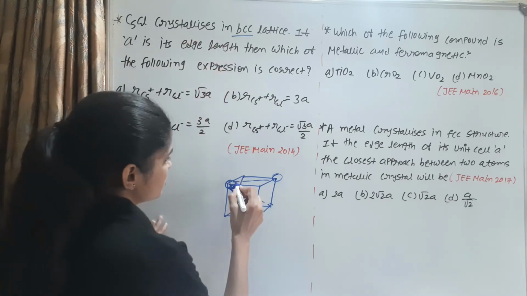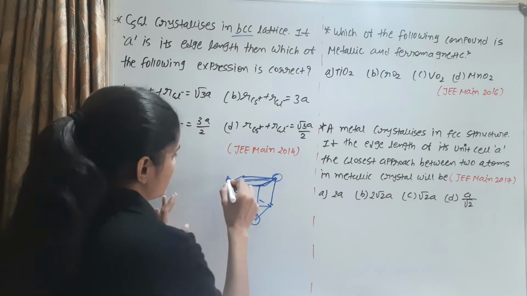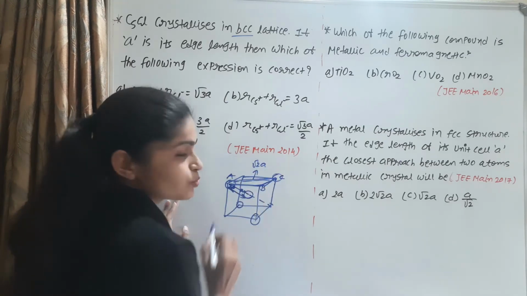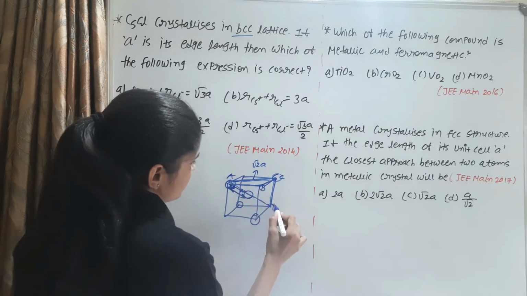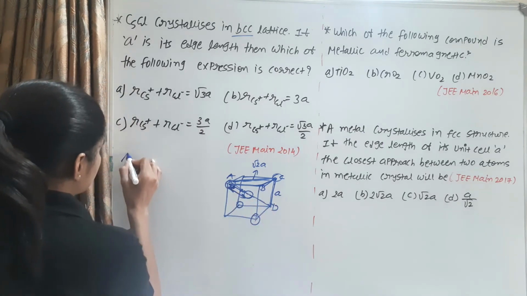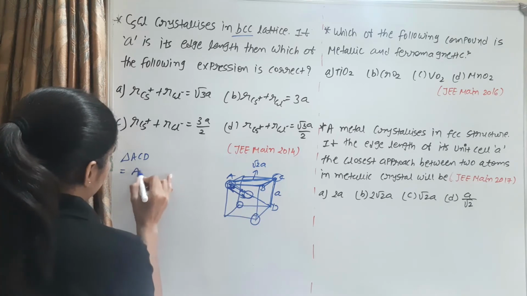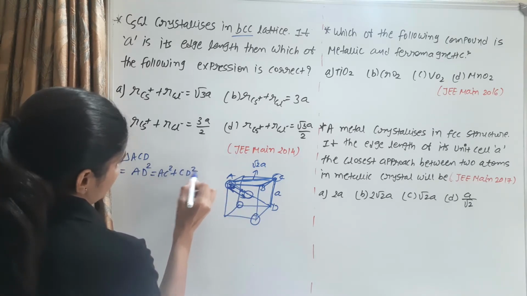First, we know that, considering triangle ABC, its value is root 2 A. Then consider ACD, with edge length A. In triangle ACD, AD square is equal to AC square plus CD square.